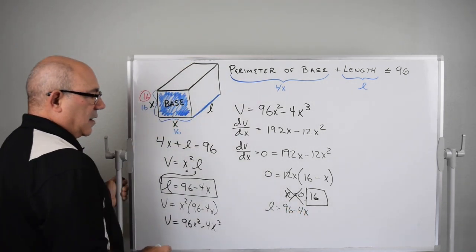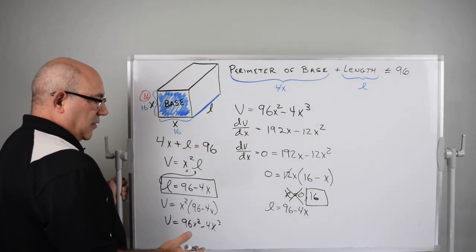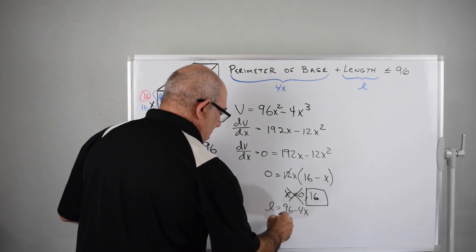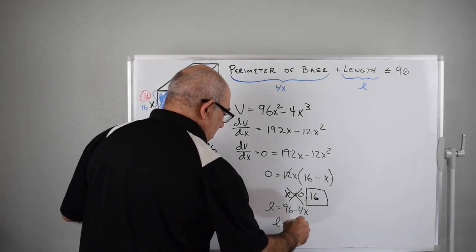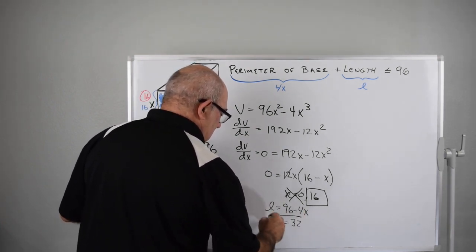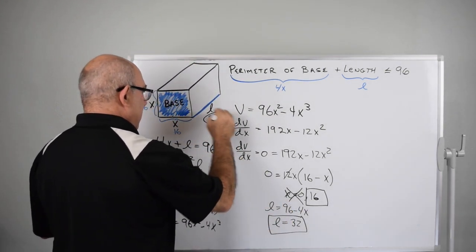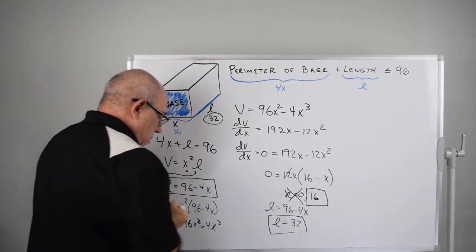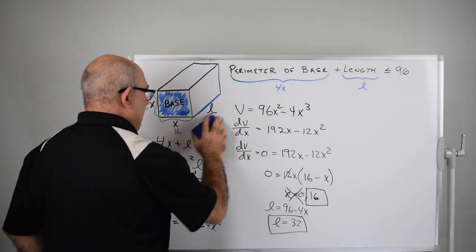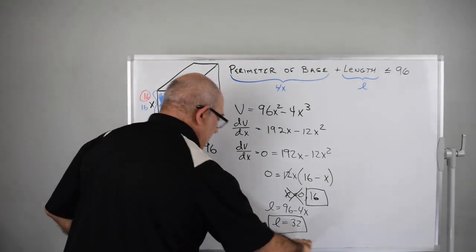Sixteen times 4 is 64, so L is equal to 32. And that's L.